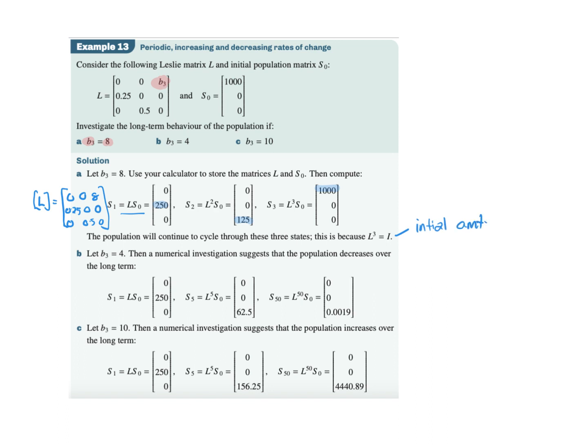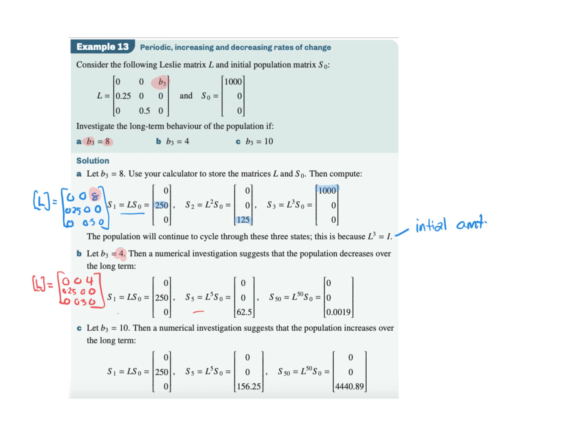When they do the B4, they're just changing that number, that's the number we're changing in there. So they created a Leslie matrix, and they put 4 up there in birth rate, and they kept everything the same, and they asked you what happened when you did that.